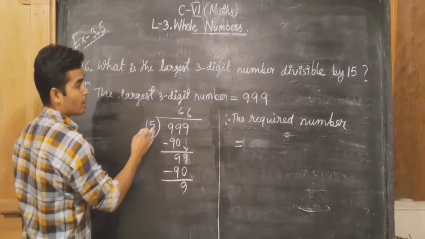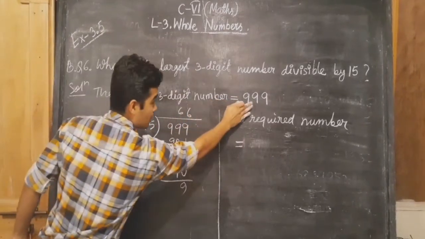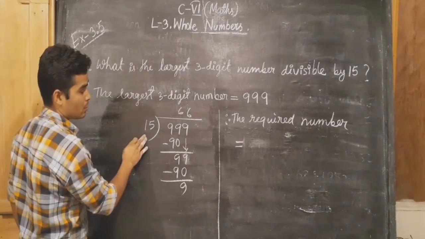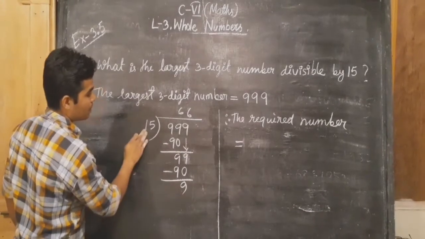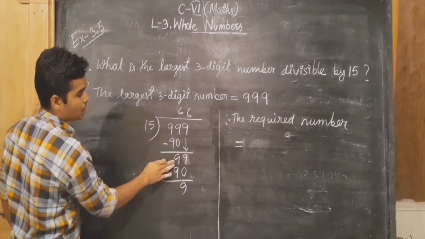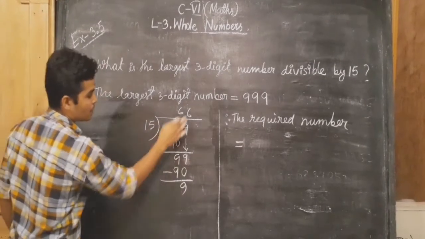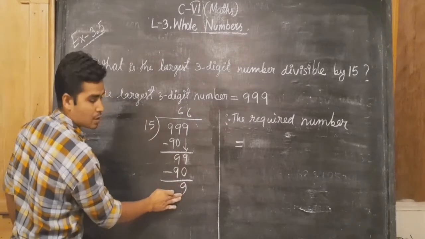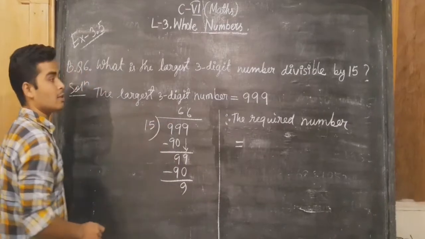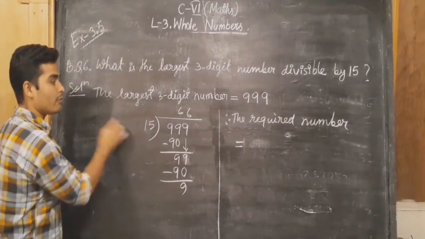So when I divide the largest 3-digit number by 15, then I saw that I got a remainder. You can see 15 6s are 90. If you will subtract this, then you will get 99. Again 15 6s are 90, and the 9 is remainder. That means 999 is not exactly divisible by 15.